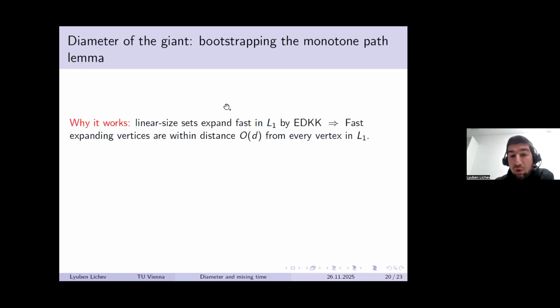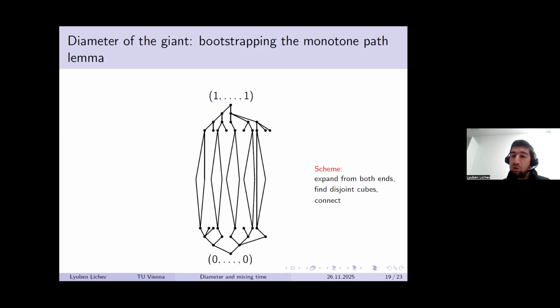And okay, if we have two vertices that are in the giant but are far from each other, then close to one of them we find a very well expanding vertex, close to the other one we find a very well expanding vertex, and we can do the strategy that we saw here. So that's very nice, and that actually works.